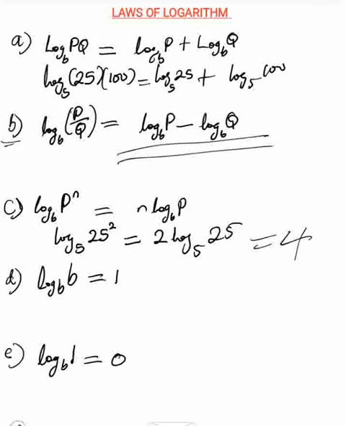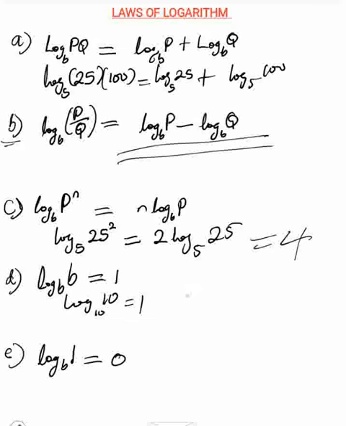D part, that is the D law. We have log b base b equal to 1. That is, any logarithm to its base is equal to 1. Examples, log 10 base 10 is equal to 1. This is why when we press log 10 on our calculator, because it is in base 10, we always have 1.